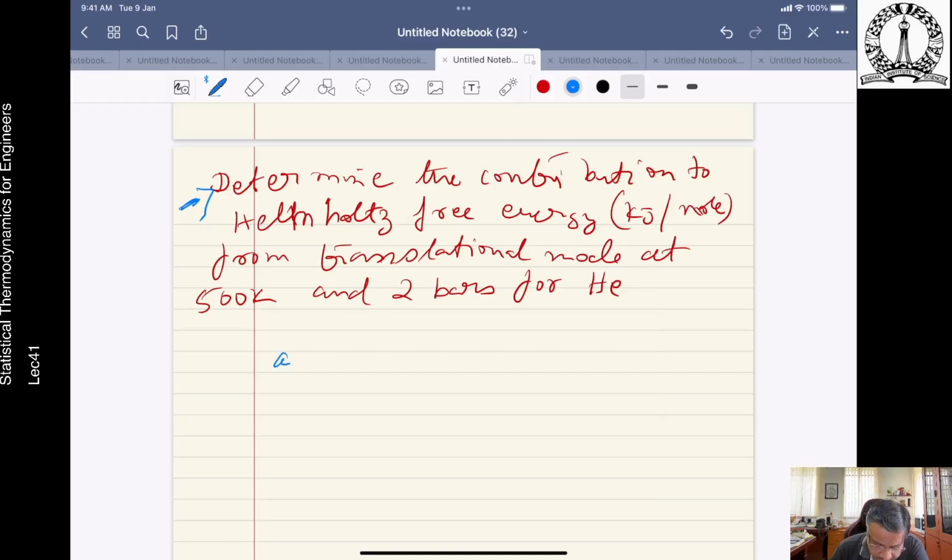So, the Helmholtz free energy. Again, if you recall the definition, it can be written in terms of the transfer function.